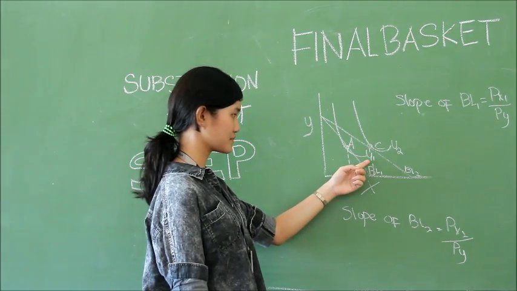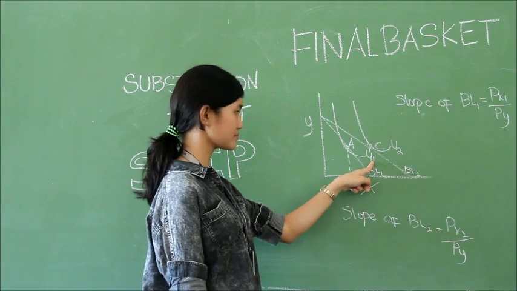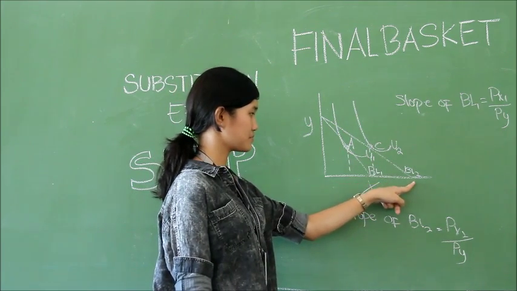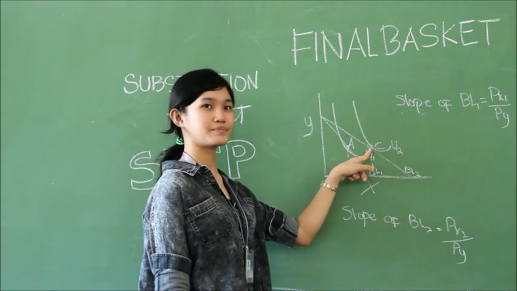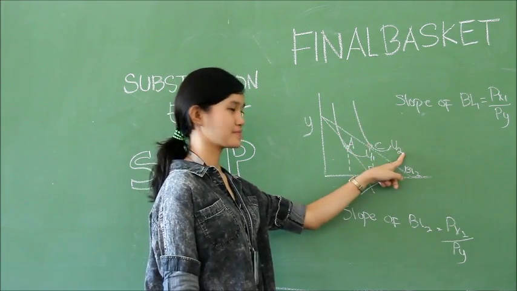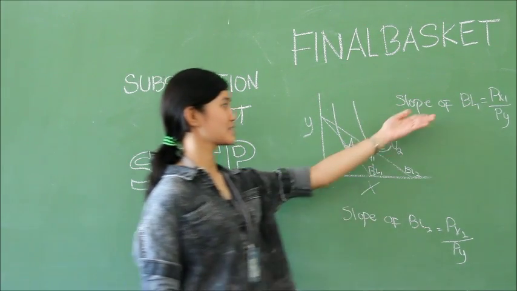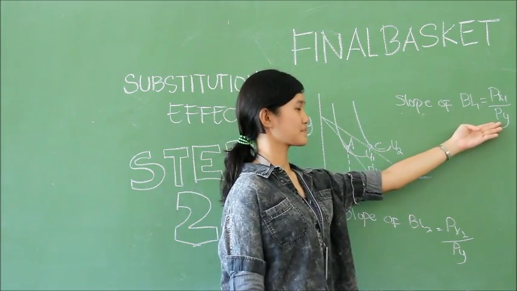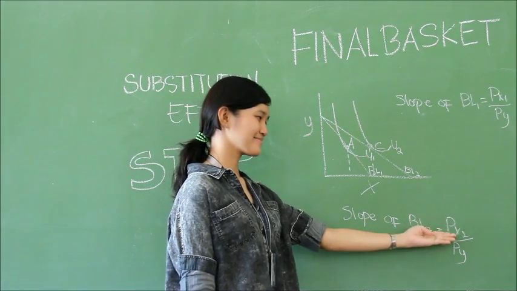When the budget line shifts outward, the maximum utility is in basket C on the second indifference curve. The slope of the first budget line is price of good 1 over price of y. The slope of the second budget line is the price of good 2 over price of y.